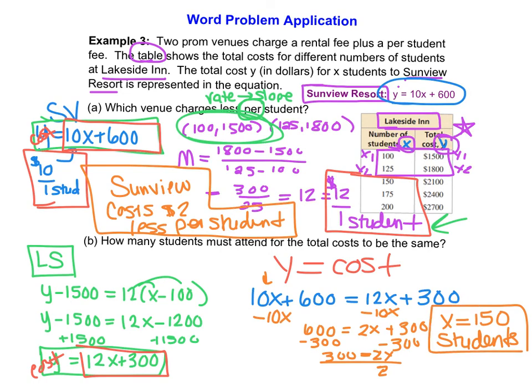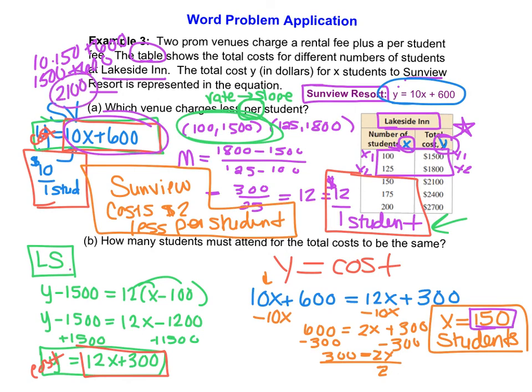And if you're unsure if that answer is correct, you can actually go to each equation and plug this 150 in. And if you do, so say for example we plug it in up here, you would have 10 times 150 plus 600. Well, if you do 10 times 150, you end up with 1,500 plus 600 for a total of 2,100 as the cost.